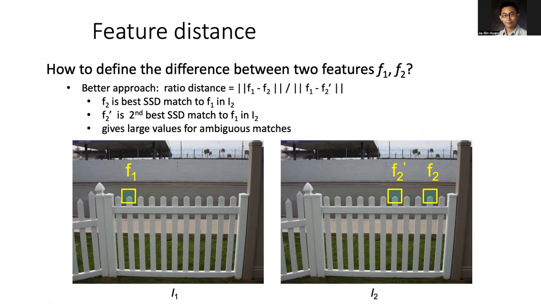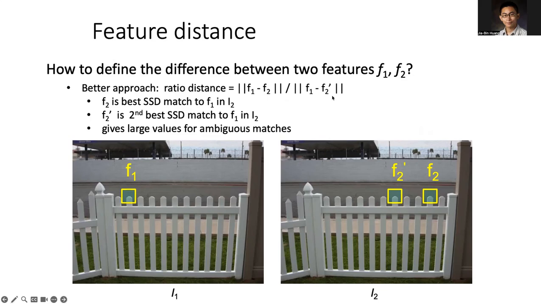Then you compute the ratio between the distance to the closest neighbor and the distance to the second closest neighbor. Why do you want to do that? This ratio must be less than 1, because this is the first neighbor and this is the second neighbor.